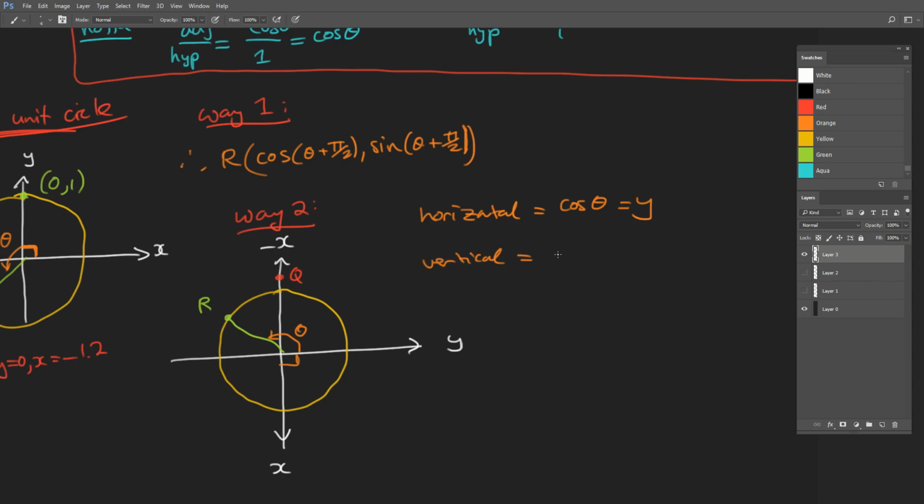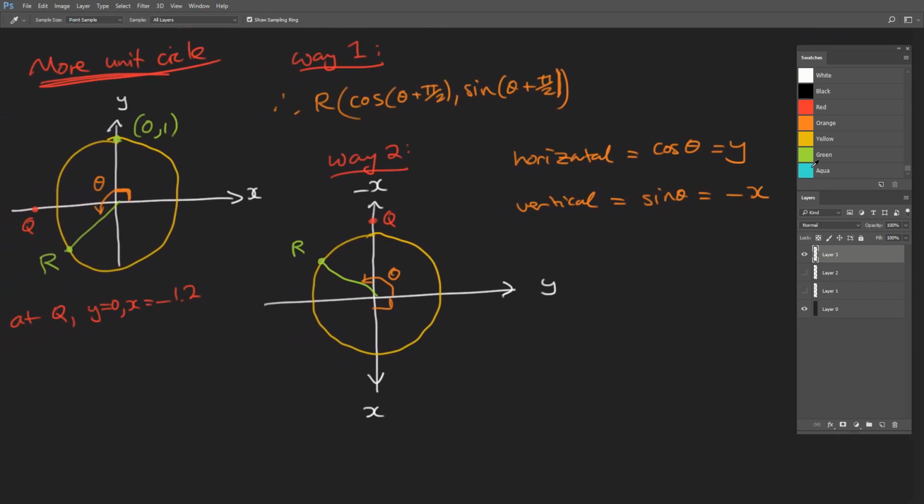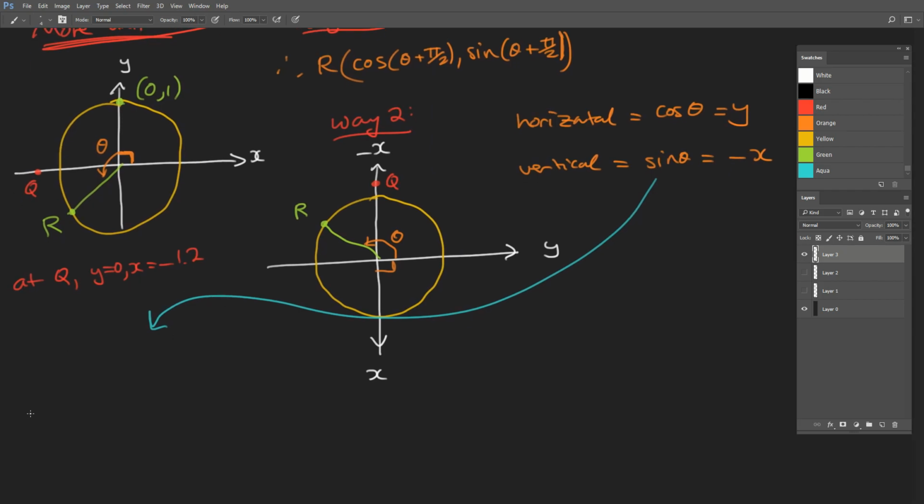And the vertical will be sine theta. But look, the vertical axis is represented by the variable negative x in this case. So we have sine theta being negative x. So if we convert this back into our normal way of thinking, we have r as minus sine theta and cos theta. So this is, remember, just normal notation x and y.